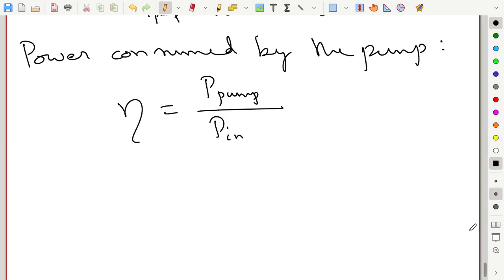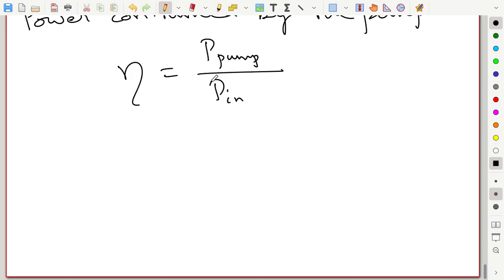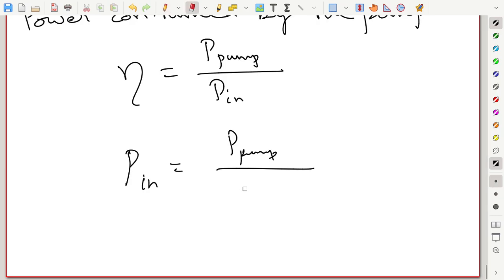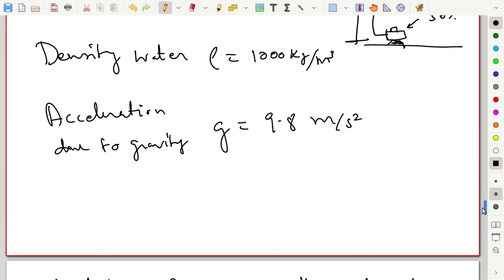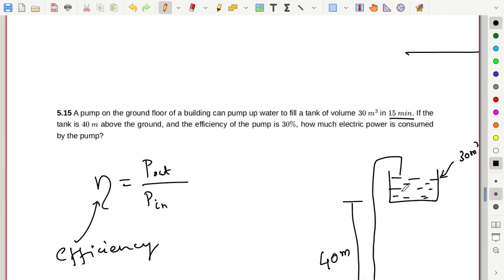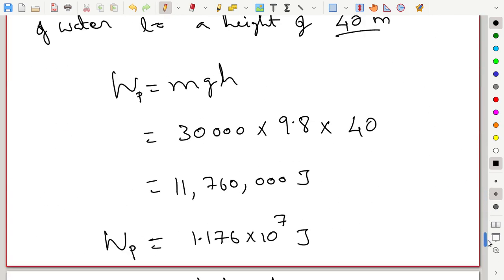They are asking to calculate the power input. So we can calculate power input as power of the pump divided by efficiency, eta, and we have eta equal to 30%.